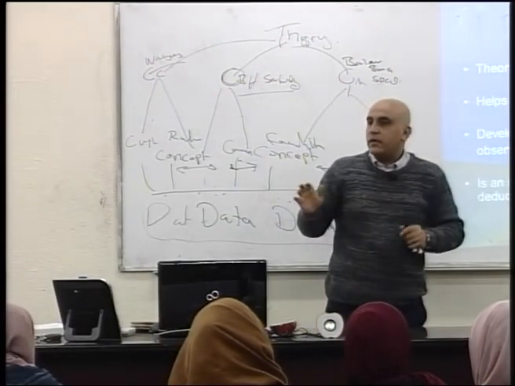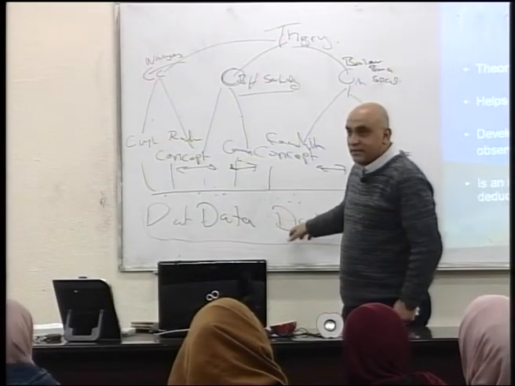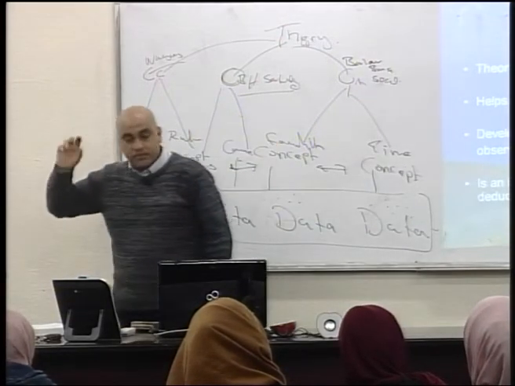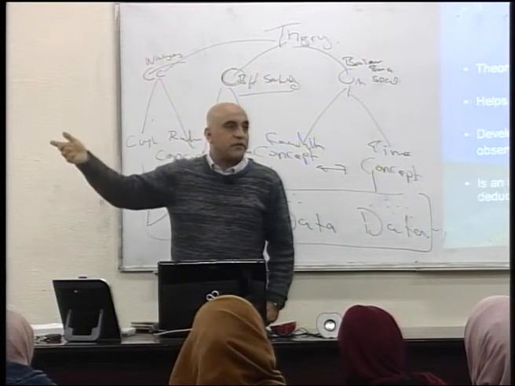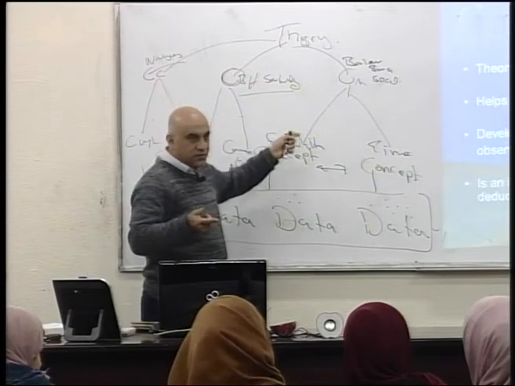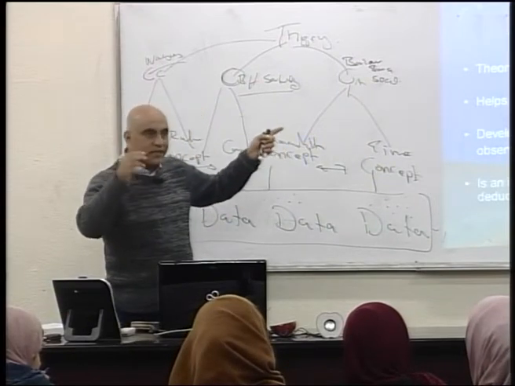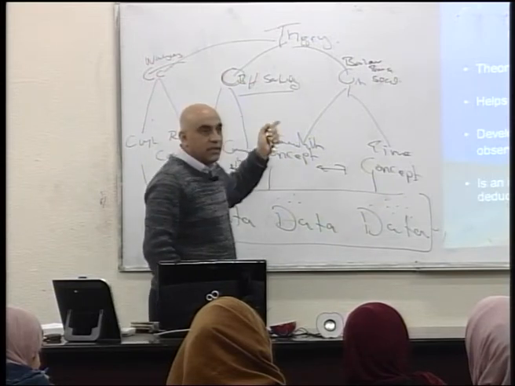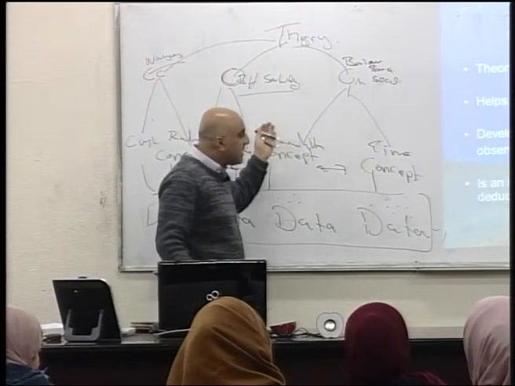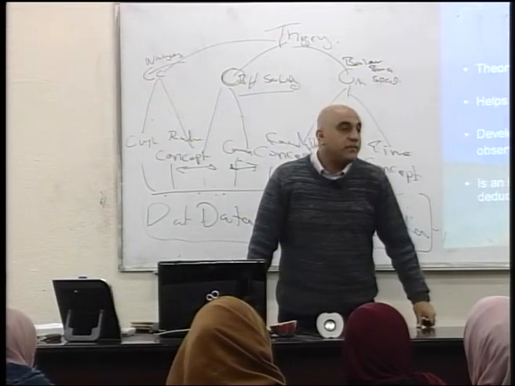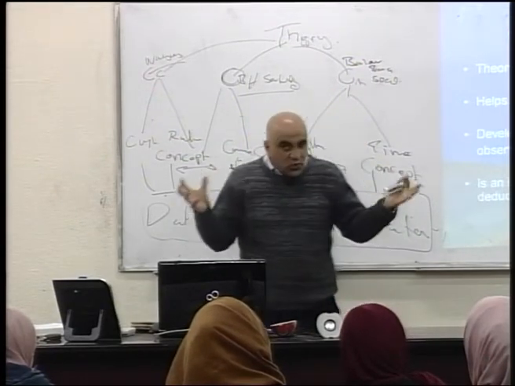So we can check this observation against another company. We make another observation with another company. So data brings more concepts, then more categories. We go to another company, then the data generates new concepts and new categories. We end up with a lot of observations, a lot of companies.